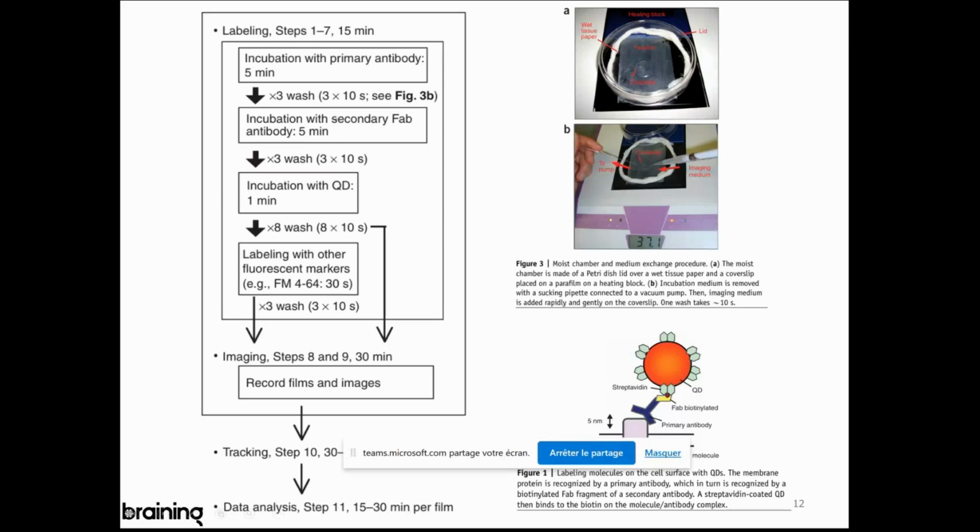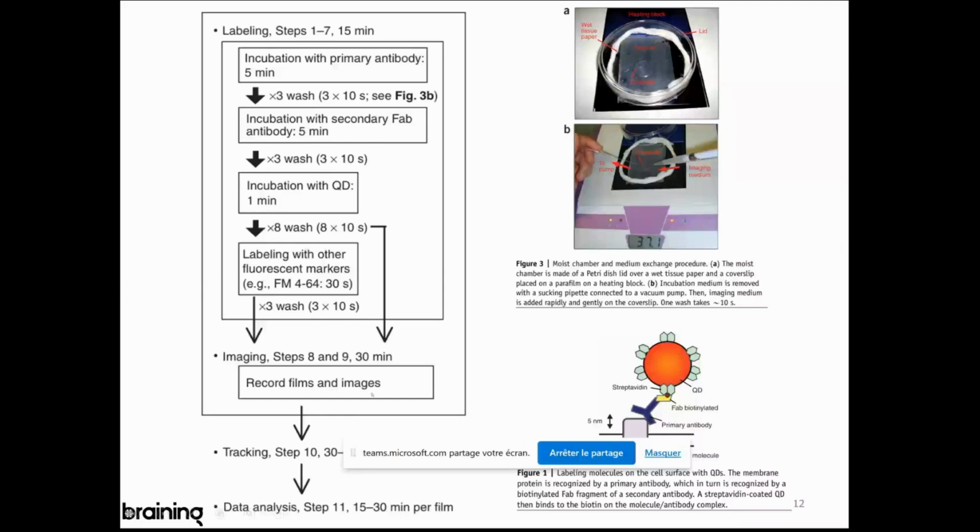But as you can see, this is very rapid. For instance, the primary antibody you leave only 5 minutes, 5 minutes or so for the secondary antibody, and then 1 minute for the quantum dots. And then you can mount your coverslip in the recording chamber and go on the microscope and record the movies and the synaptic image of the Gephyrin, for instance.